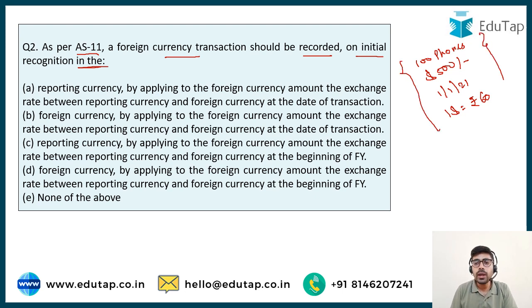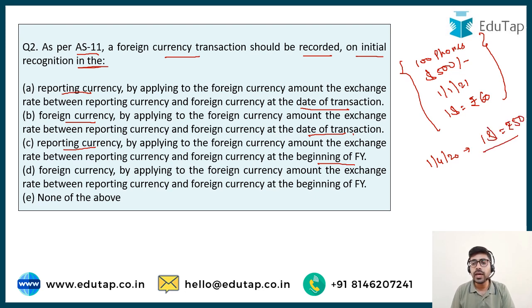Now, how do we record this transaction initially in the books of accounts? It says whether you would be recording in the reporting currency by following the exchange rate at the date of transaction, whether in the foreign currency by following the exchange rate at the date of transaction, or whether in the reporting currency by applying the exchange rate at the beginning of the financial year. Suppose on 1st April, at the beginning of the financial year, the exchange rate was $1 equal to rupees 50.